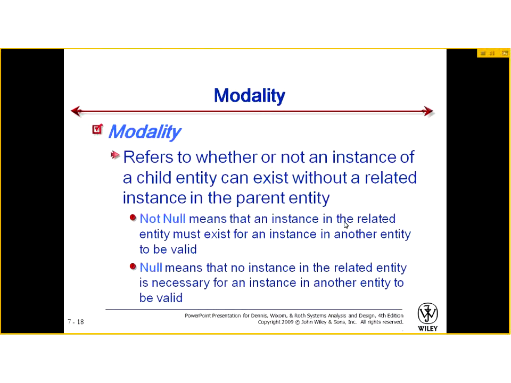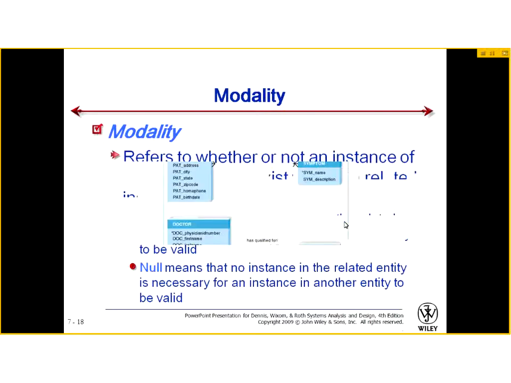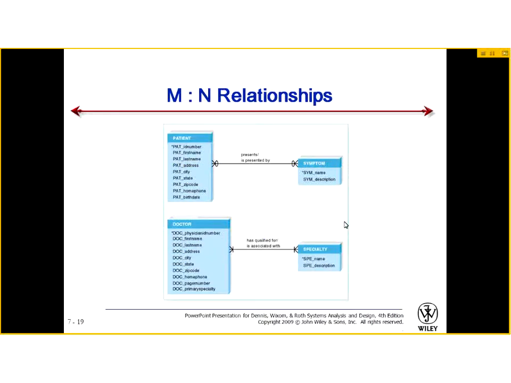If we say it's null, it means no instance in the related entity is necessary for an instance in another entity to be valid. So there can be zero instances of an entity participating in a relationship with the other entity. So if the existence is optional, we call it null, and if it is mandatory, we call it not null.